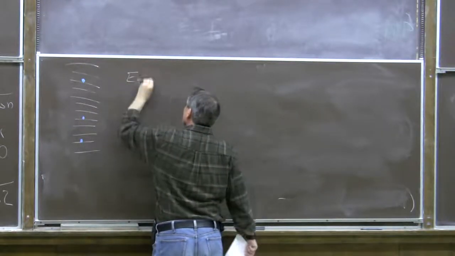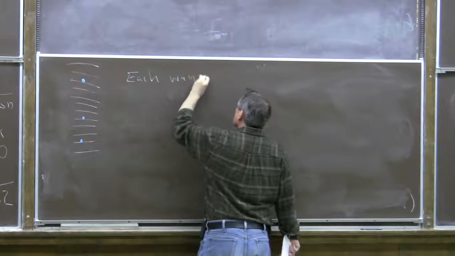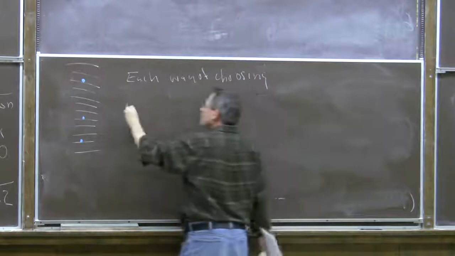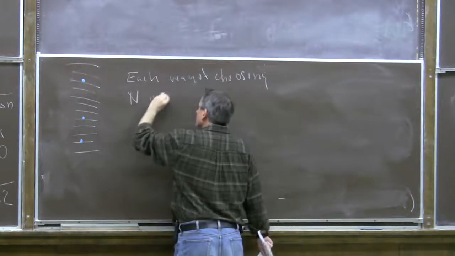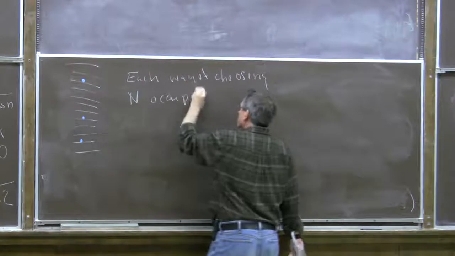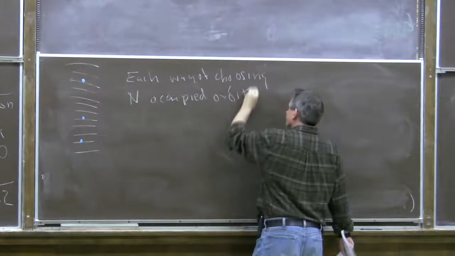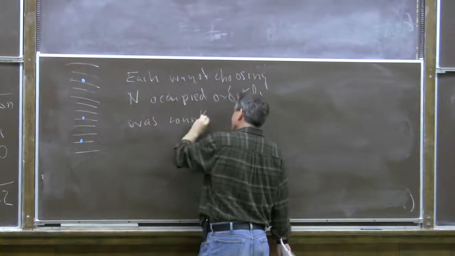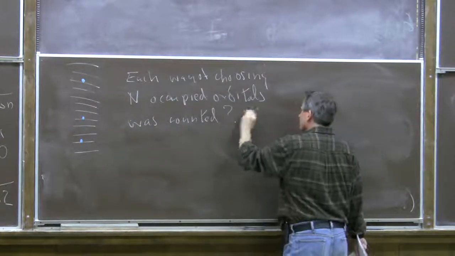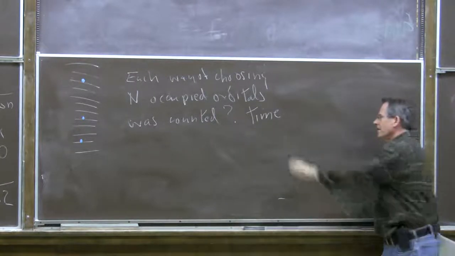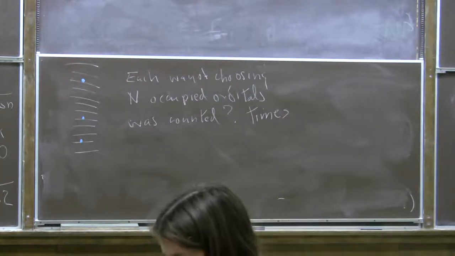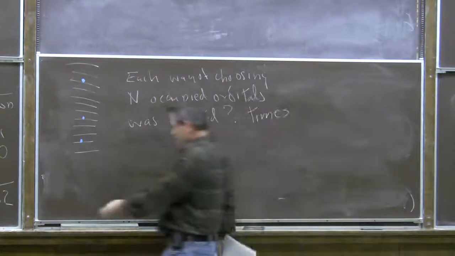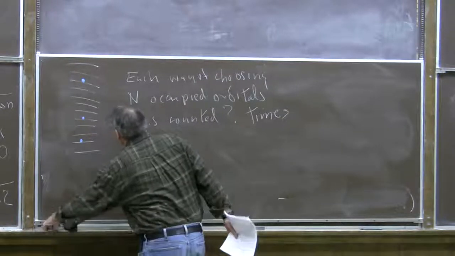Each way of choosing n occupied orbitals was counted how many times? N factorial. Because we pretended in our initial counting that the particles had labels.